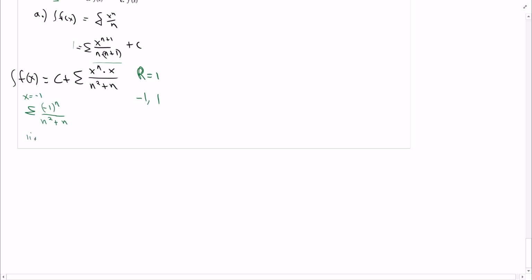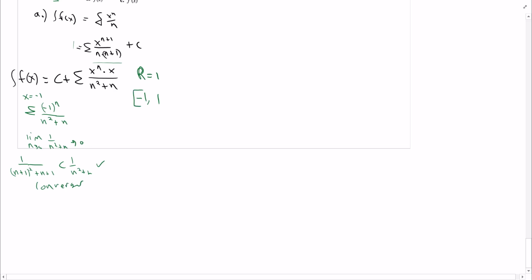We could show that the limit as n goes to infinity of 1 over n squared plus n goes to 0, and we could show that 1 over (n plus 1) squared plus n plus 1 is always less than 1 over n squared plus n, right? So that meets all we need to do for alternating series. So this converges, which means we put a bracket there, right?